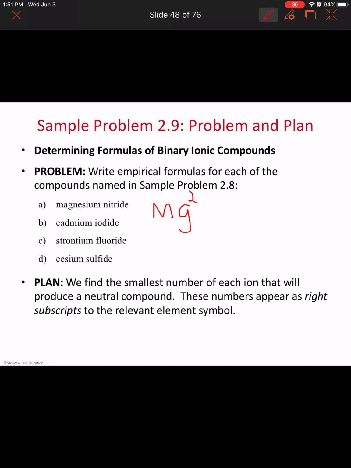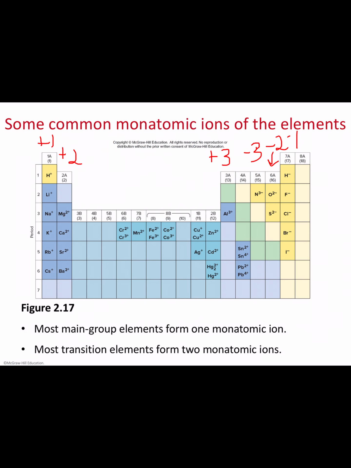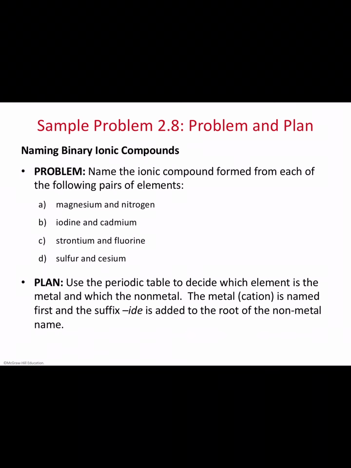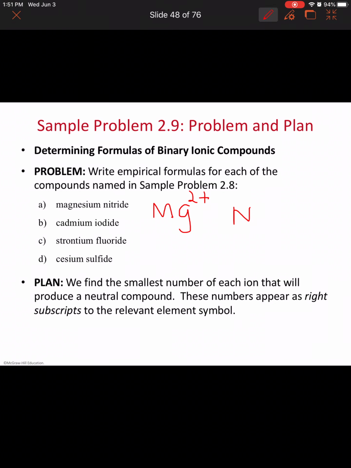If you look at your periodic table, you locate where the magnesium is, and magnesium is in group 2. The common ion it makes is +2. So magnesium +2. Nitrogen, you go to your periodic table. If you don't remember, you find out nitrogen is here. Nitrogen makes N3-.